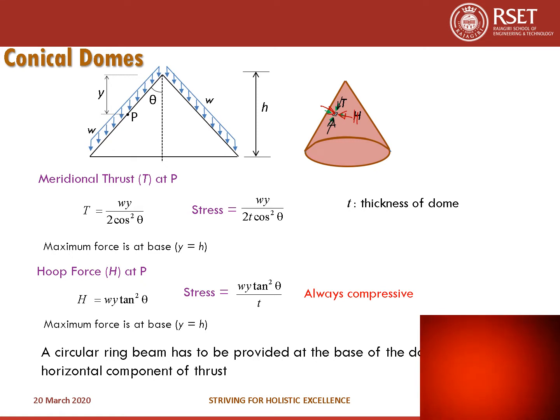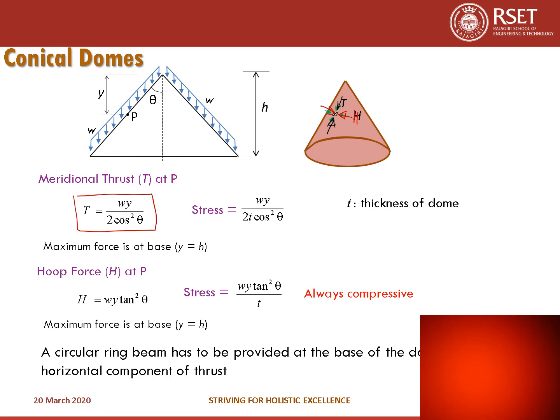Now let's consider the case of a conical dome subjected to a uniformly distributed load W as shown in the figure. So the meridional thrust can be derived to be T is equal to Wy by 2 cos square theta.